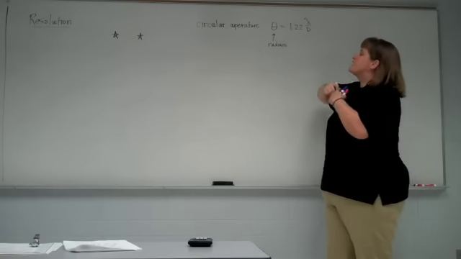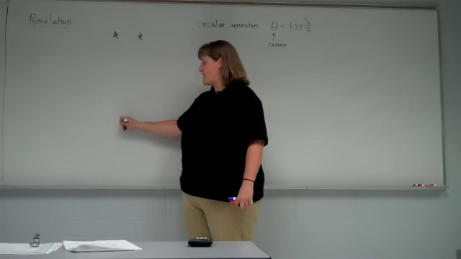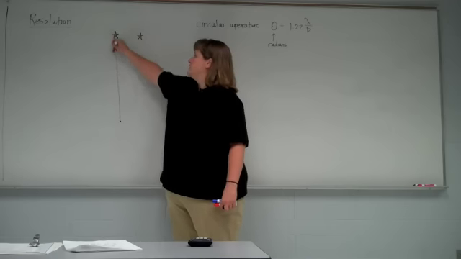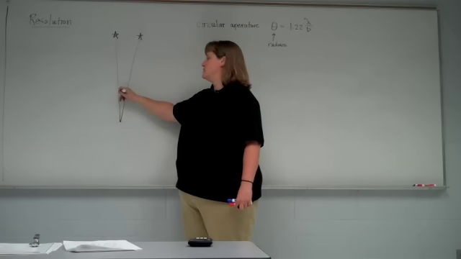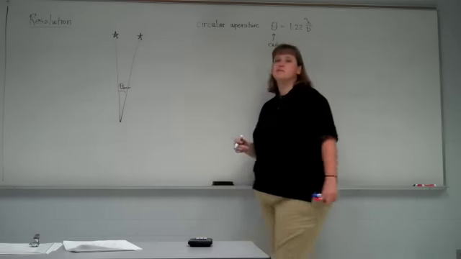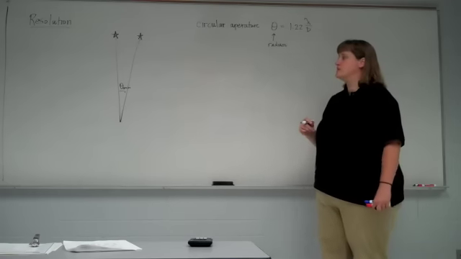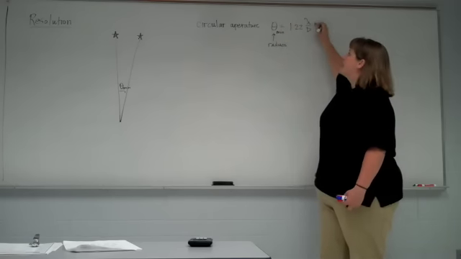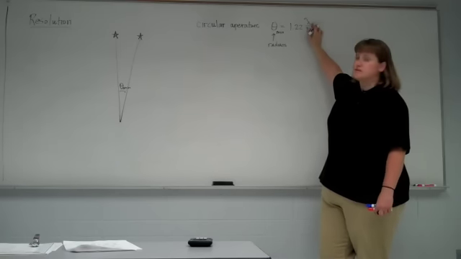So the minimum angle, if we were to draw from our eye or from our telescope, whatever our aperture is, if we were to draw a line to one of the stars and a line to the other star, this angle has a minimum value that it can have and still be able to resolve the two stars. This is the minimum value. Lambda would be the primary wavelength of light coming from those stars.